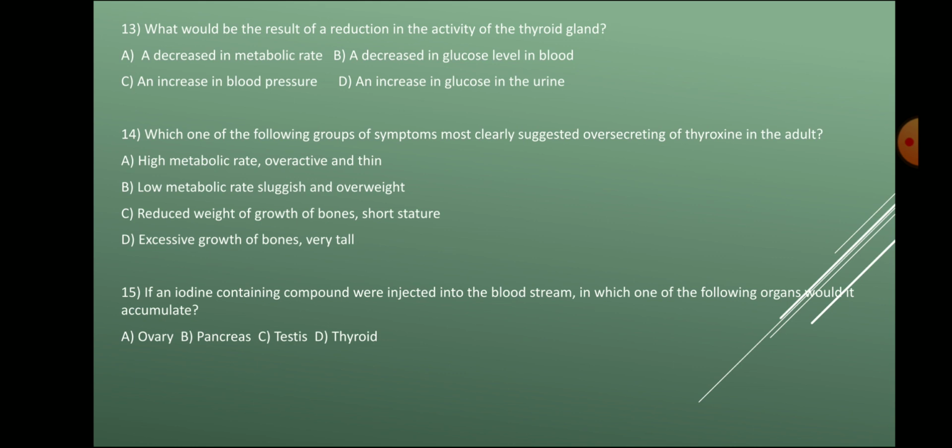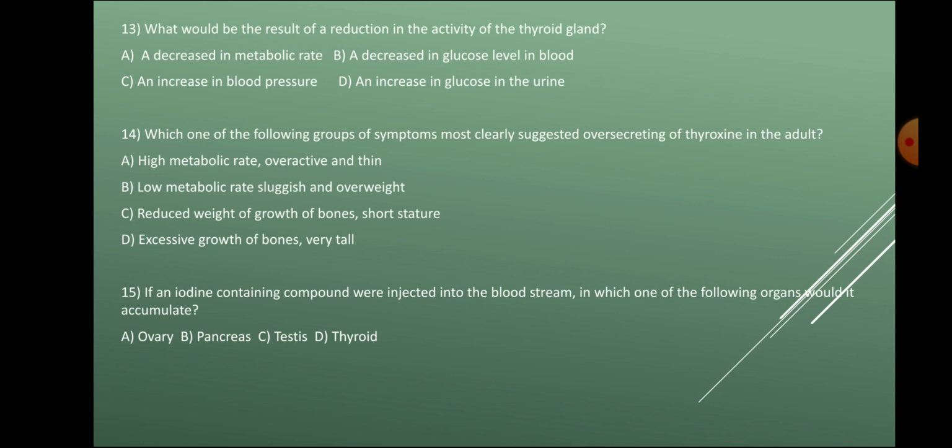Next question, if an iodine-containing compound were injected into the bloodstream, in which one of the following organs would it accumulate? The options are: A, ovary. B, pancreas.